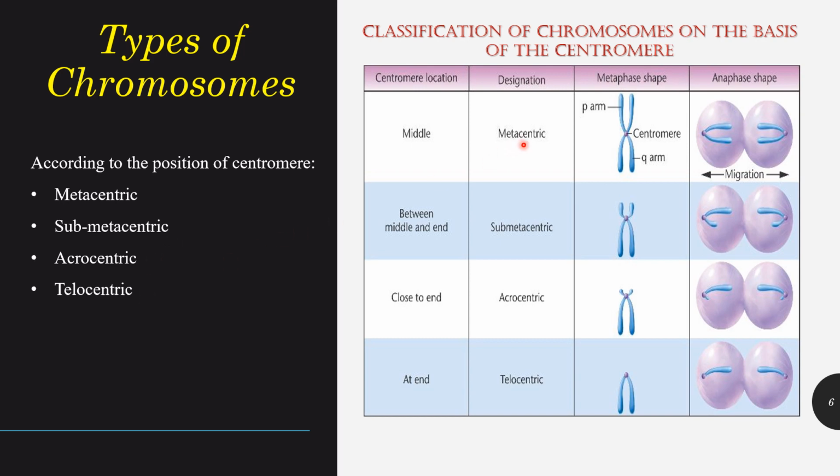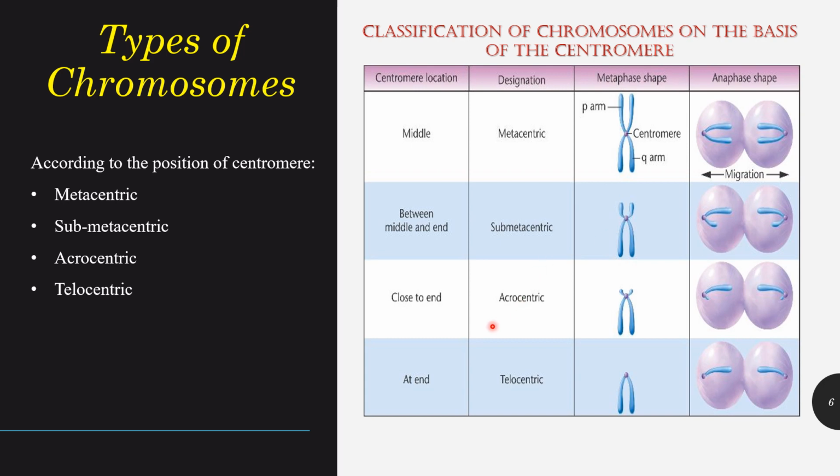In case of metacentric, the centromere is in the center and it divides the chromosome into two equal arms. In submetacentric condition, the centromere is present slightly away from the center or nearer to one end of the chromosome. As a result, chromosome is divided into one shorter and one longer arm.